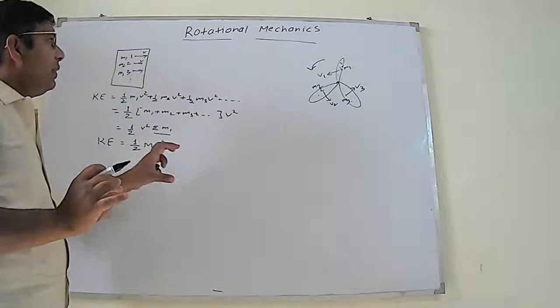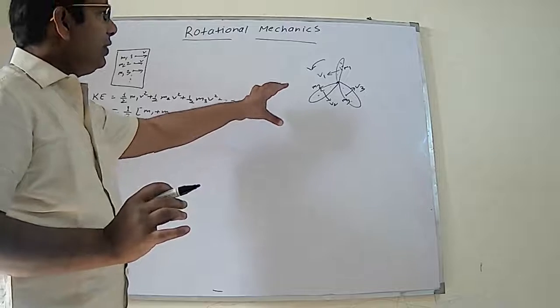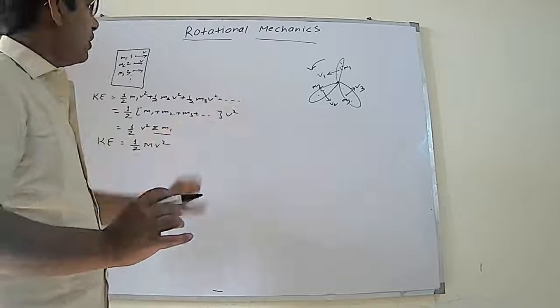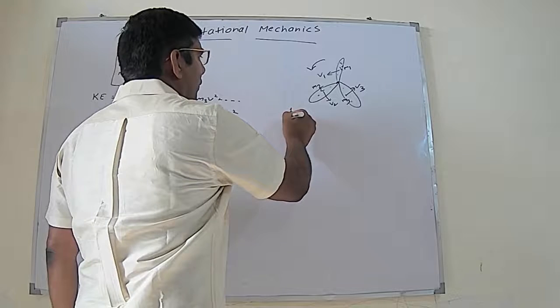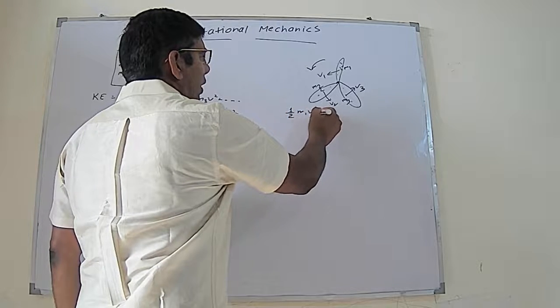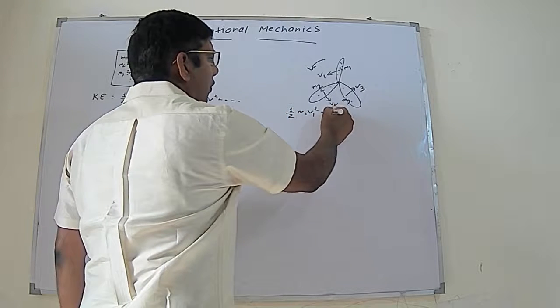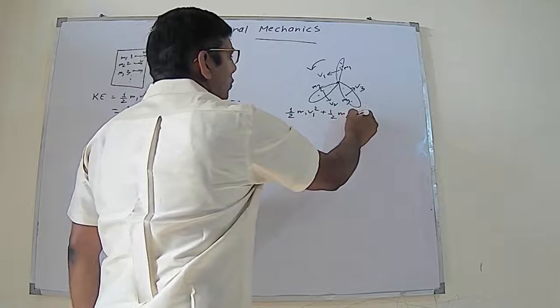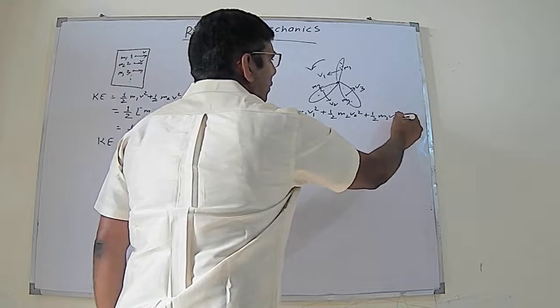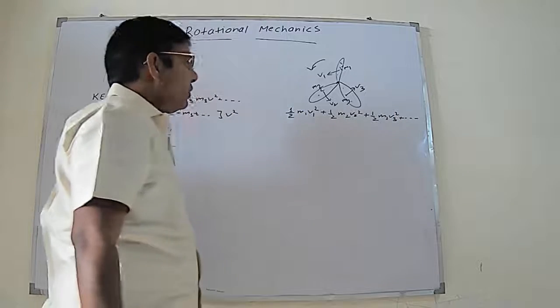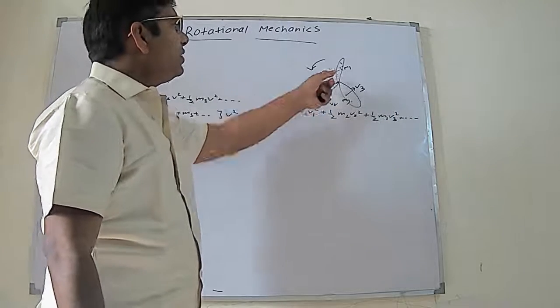So what will be the individual kinetic energy of individual particles? We know it is half of m1 v1 square, similarly half of m2 v2 square, half of m3 v3 square. The v will not be the same, right?